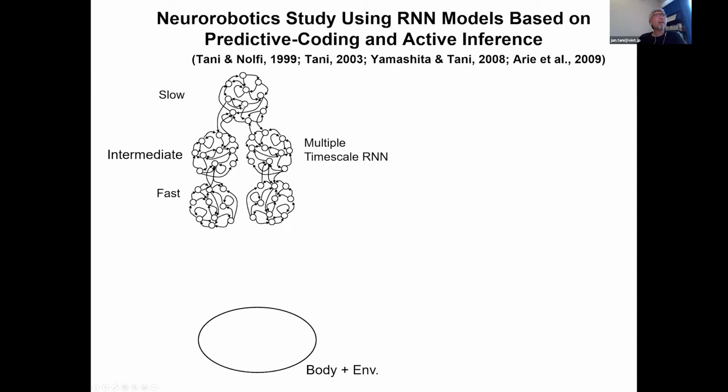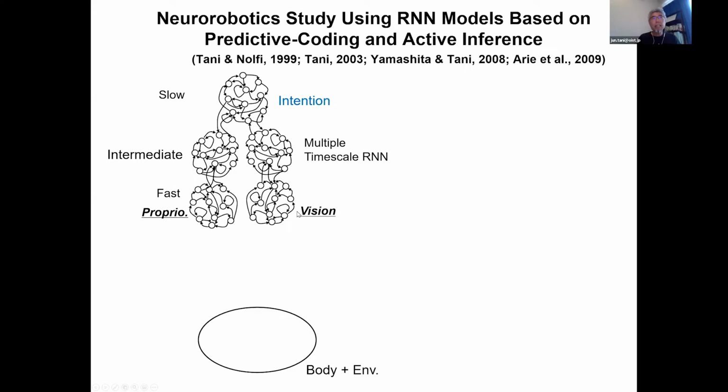We may consider multimodal sensation: this path is proprioception, something like the posture of the body and movement-related signals, and this is vision, an exteroception.